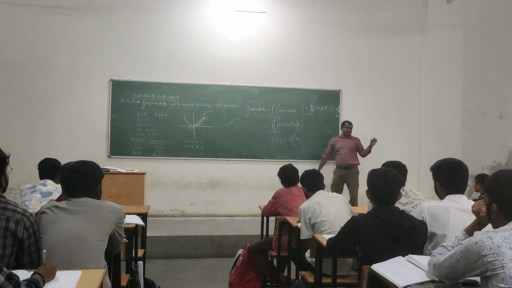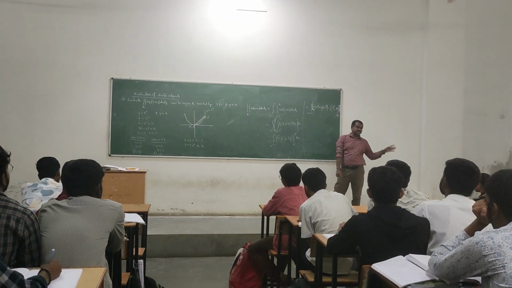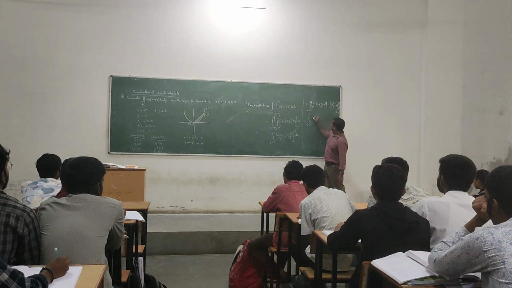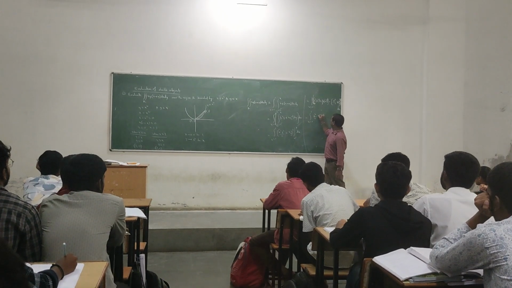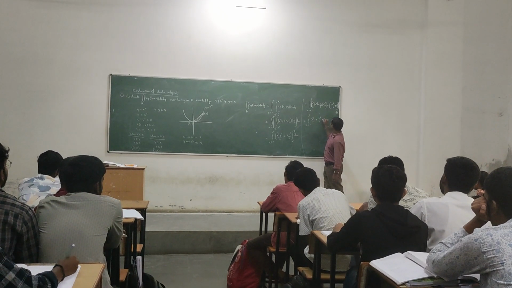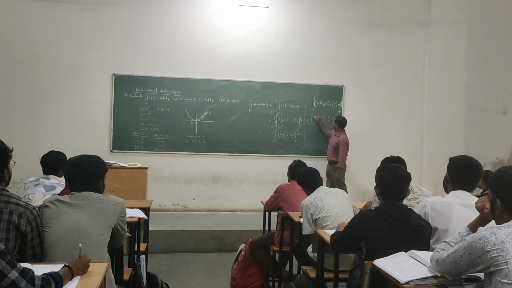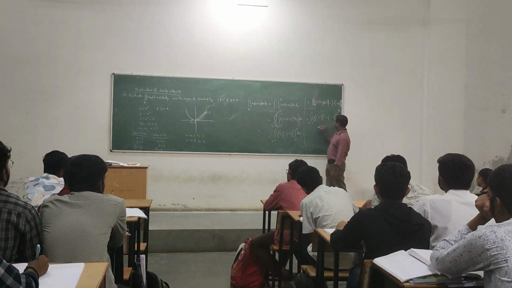Now taking the integration, x is from 0 to 1, of x power 4 by 2 plus x power 4 by 3 minus x power 6 by 2 minus x power 7 by 3, whole dx.